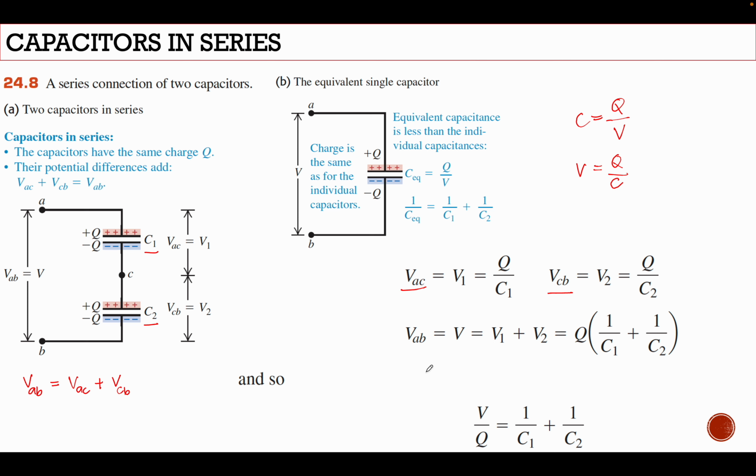Again, we divide both sides by Q, so Q cancels out. V over Q is equal to 1 over C1 plus 1 over C2.